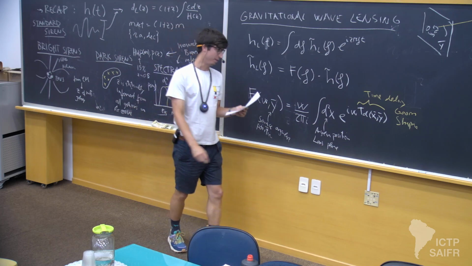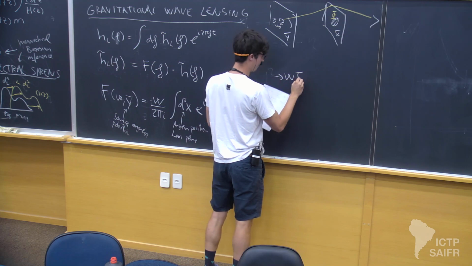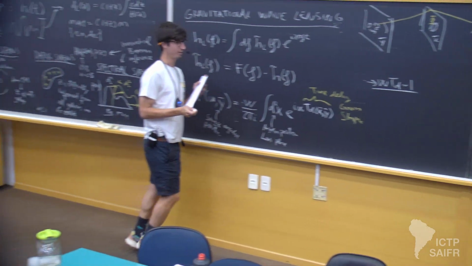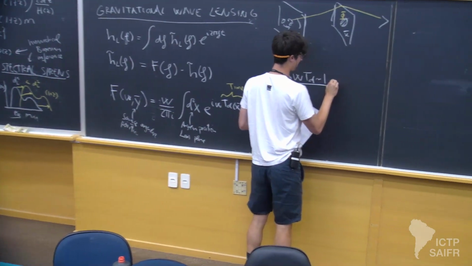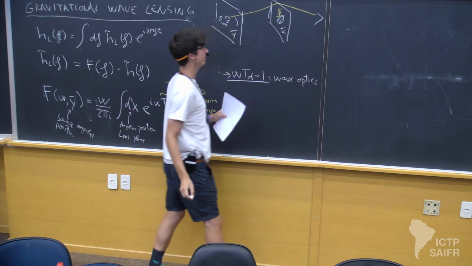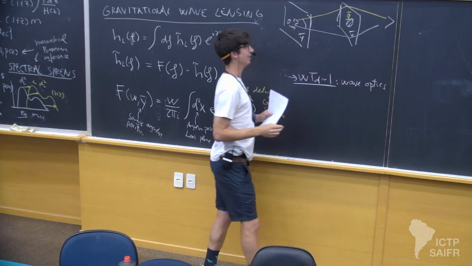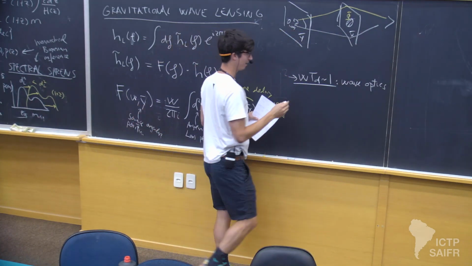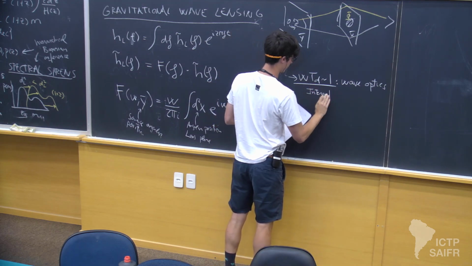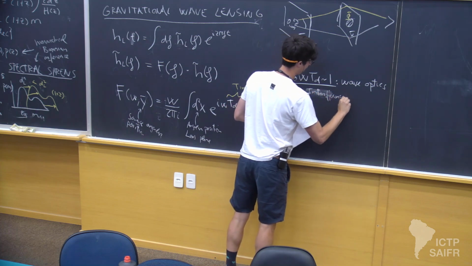Then we saw that there are two regimes. One is where the exponent of the exponential is of order 1, which is typically referred to as the regime of wave optics, because in this regime the different paths that the wave could take are going to interfere with each other. So here we have interference and diffraction.